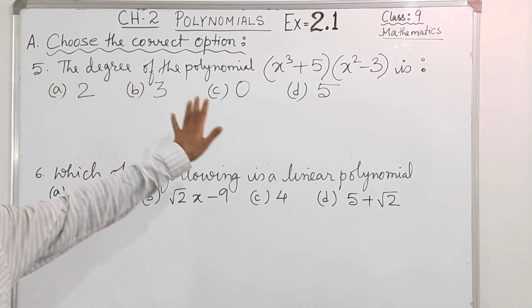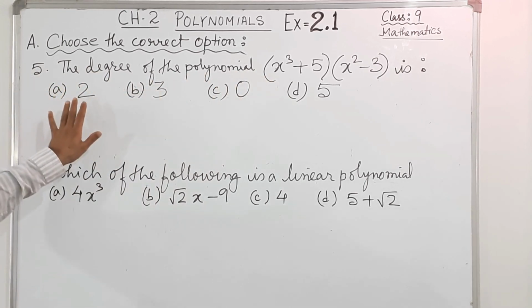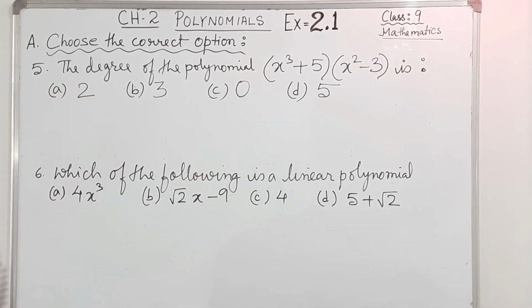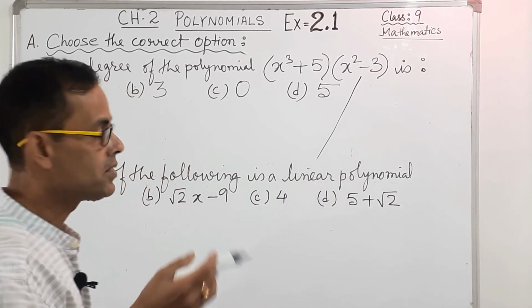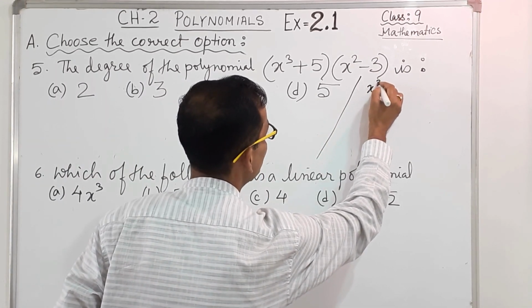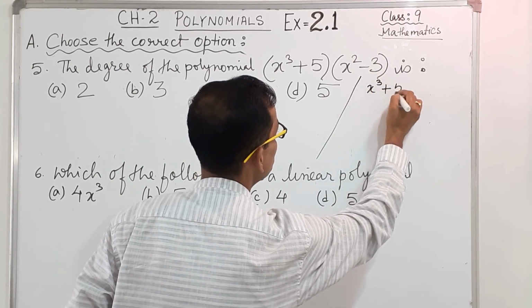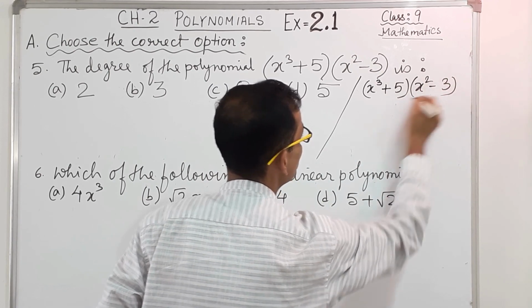Now let us come back. We have to find out the degree of the polynomial, and this polynomial is given, and the options are 2, 3, 0, 5. So how we will do? Very easy, like the sum we did just before, the first sum. So x cube plus 5 and x square minus 3.